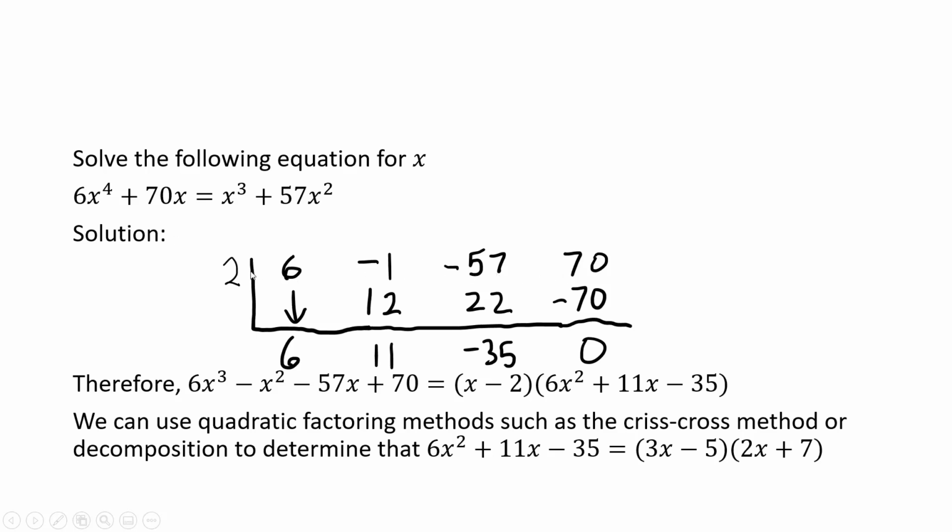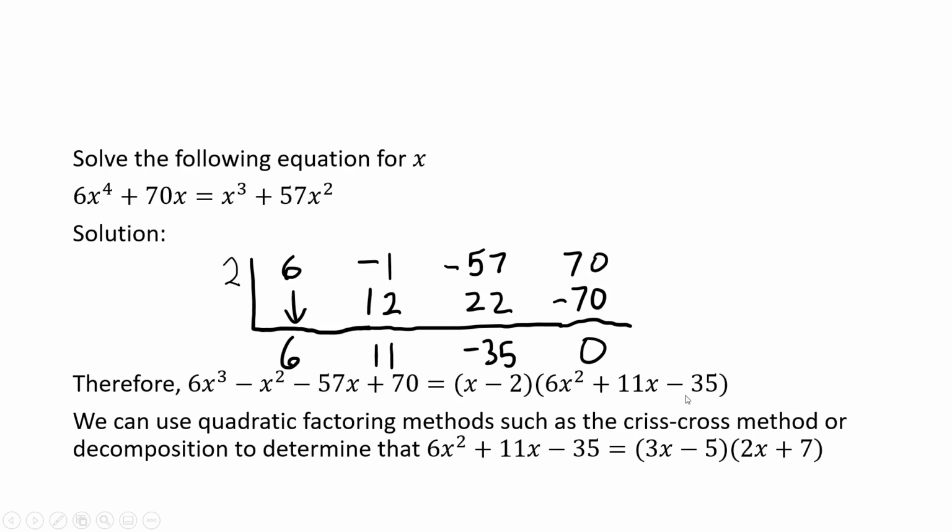So using synthetic division, bringing down the 6, 2 times 6 is 12, negative 1 plus 12 is 11, 2 times 11 is 22, negative 57 plus 22 is negative 35, 2 times negative 35 is negative 70, 70 minus 70 is 0. We see that 6x cubed minus x squared minus 57x plus 70 is really equal to x minus 2 times 6x squared plus 11x minus 35.